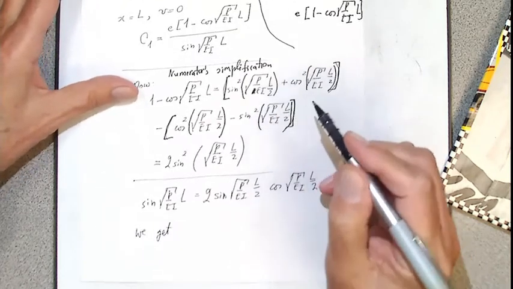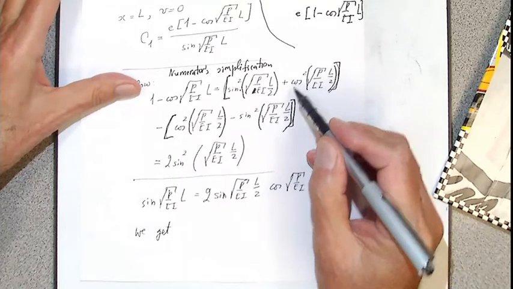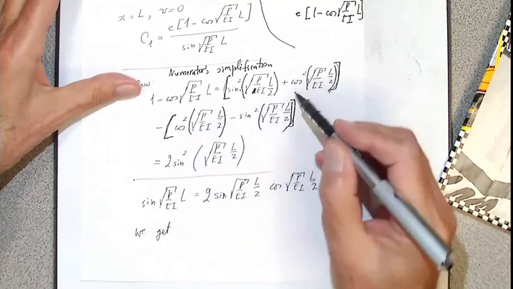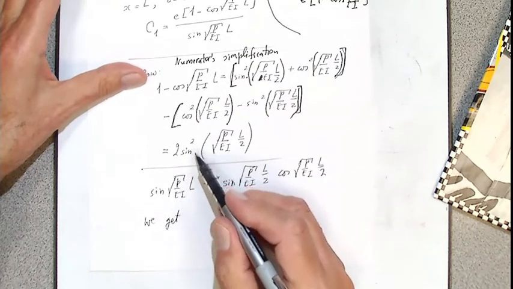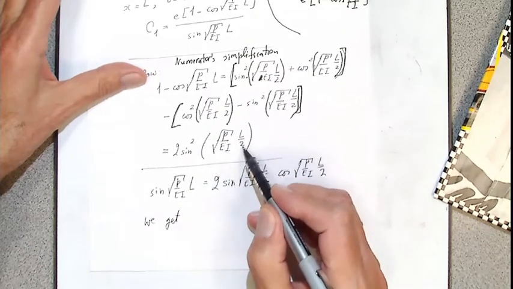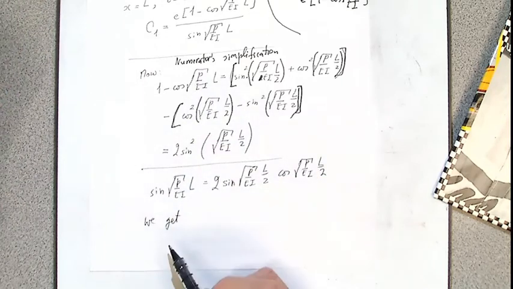So then, look please, the cosine square and minus cosine square cancel each other. And we get 2 times sine square of square root of P over EI L over 2. So that is one term. Here there are 2 terms.